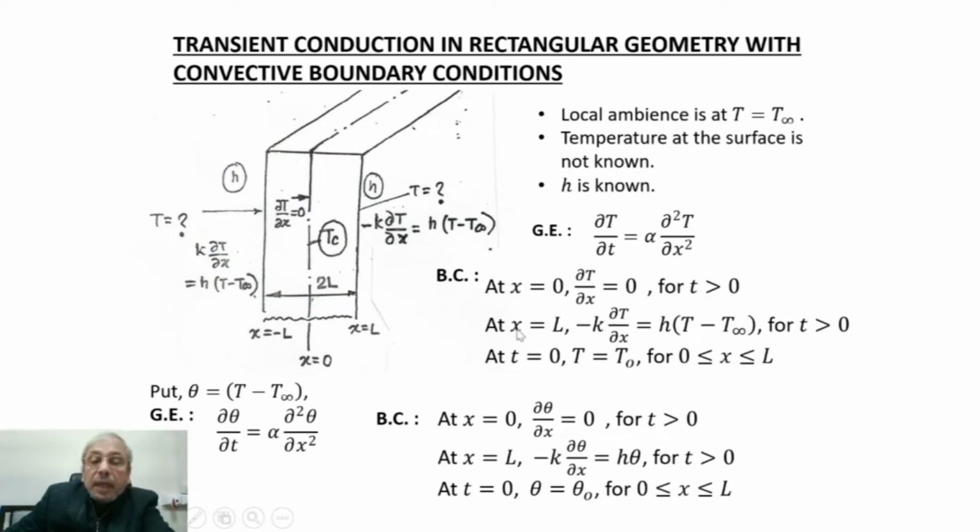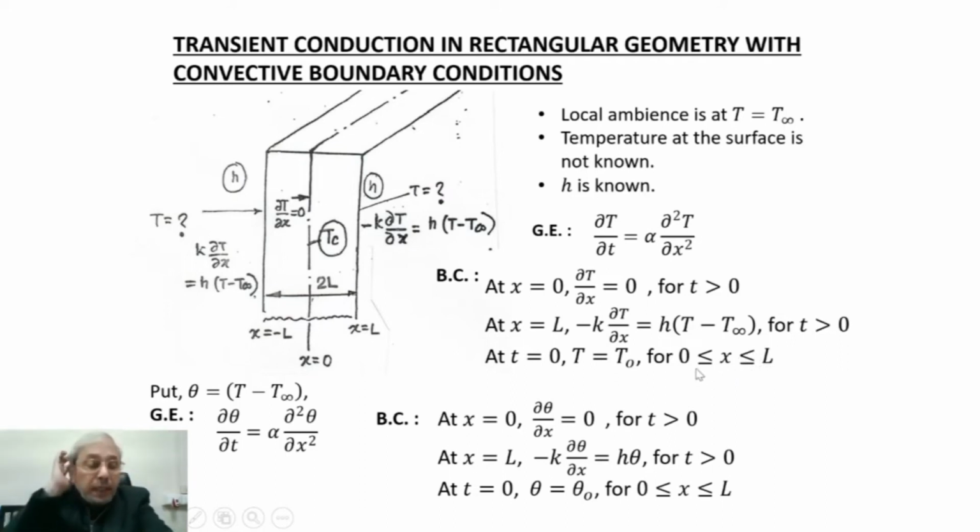At x equal to L, minus k del T del x equals h (T minus T infinity). This is the energy being conducted, and the same energy is being convected, for t greater than 0. At t equal to 0, temperature is T naught everywhere, for x greater than or equal to 0 and less than or equal to L.